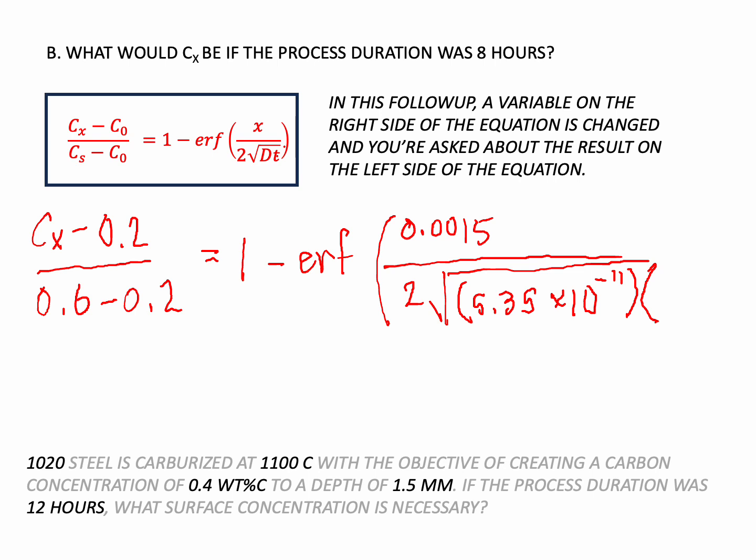It's 8 hours instead of 12. So 8 hours is going to be the equivalent of 28,800 seconds. So this whole quantity would be z in the error function table.